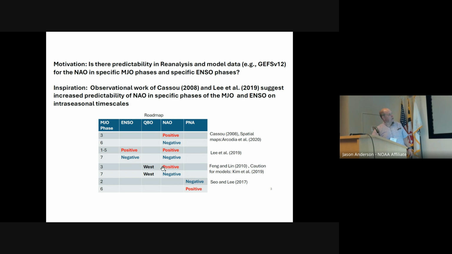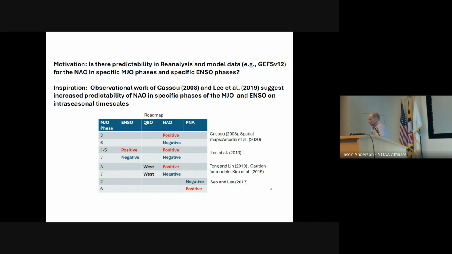What we're going to get to, and this is something where Dylan has a lot of experience, we're also going to eventually look at QBO, look at the West phase particularly. Feng and Lin in 2010 found for MJO phase 3 with a QBO West, NAO tends to be positive. MJO in phase 7, QBO West, NAO tends to be negative. And if we went even further, what's another thing forecasters will look at?